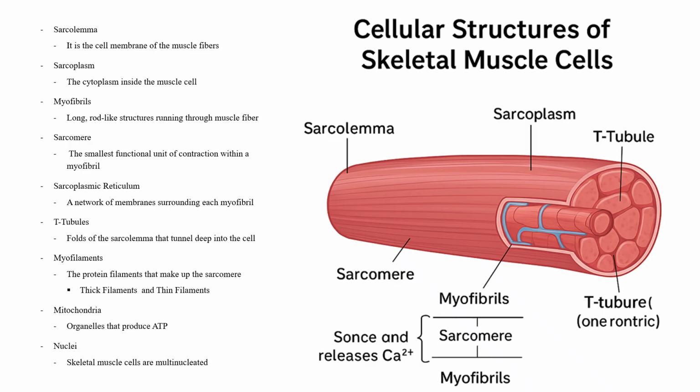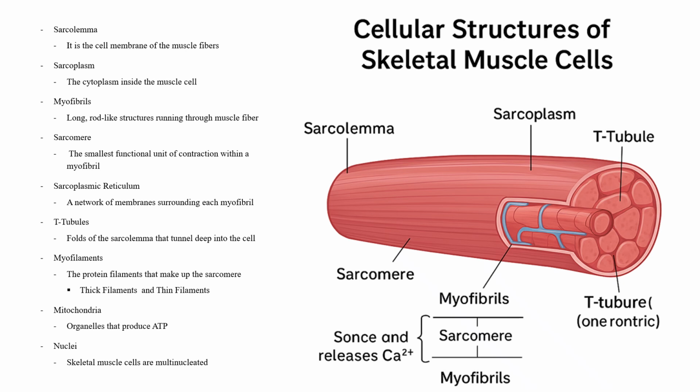Inside the cell, we have the sarcoplasm, which is the cytoplasm but is packed with myofibrils, which are long protein bundles that do the contracting. Surrounding those myofibrils is the sarcoplasmic reticulum, or SR, which stores the calcium.